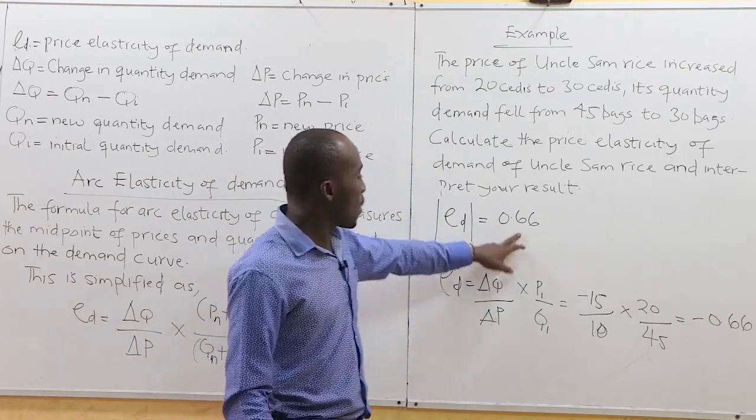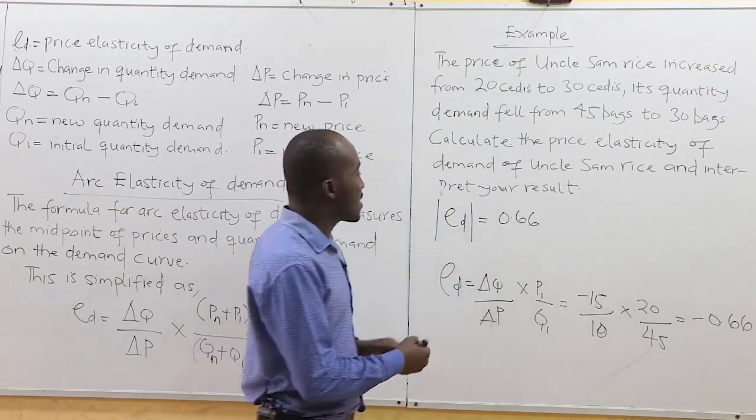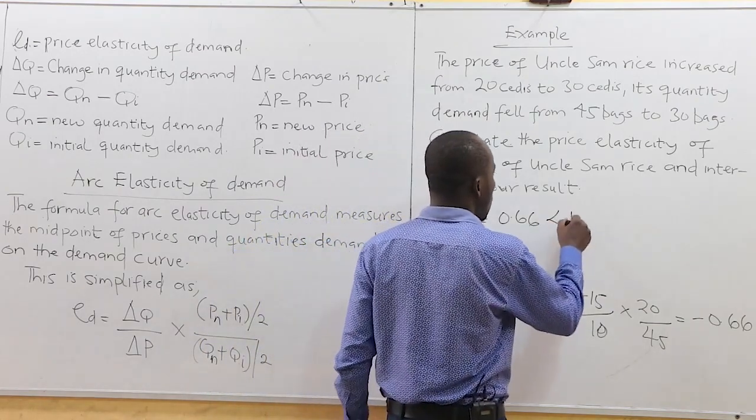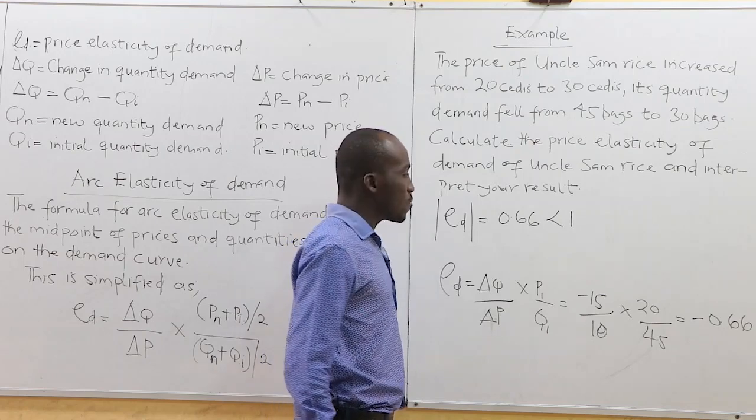Now can we interpret? Is it less than 1 or greater than 1? It's less than 1. Meaning that the commodity, what does it mean?